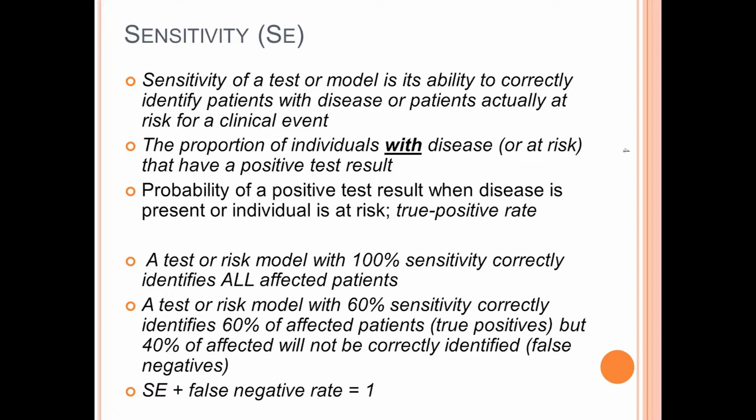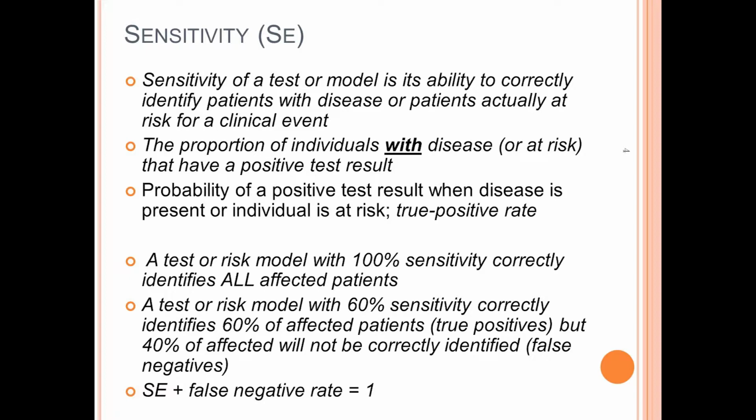The sensitivity of a test or a model is its ability to correctly identify patients with a disease or patients actually at risk for some event. It's the proportion of individuals with the disease or at risk that have a positive test result. It's the probability of a positive test result when the disease is present or the individual at risk. It's also described as the true positive rate.